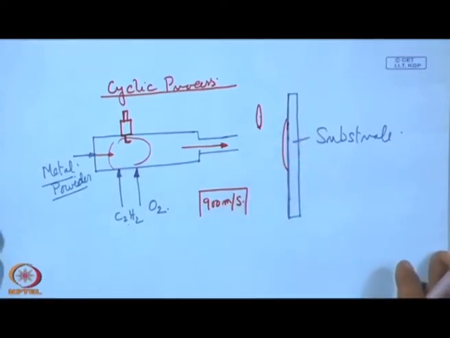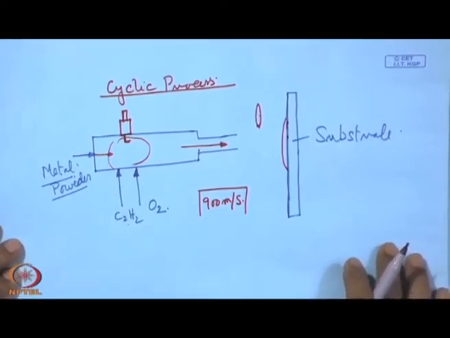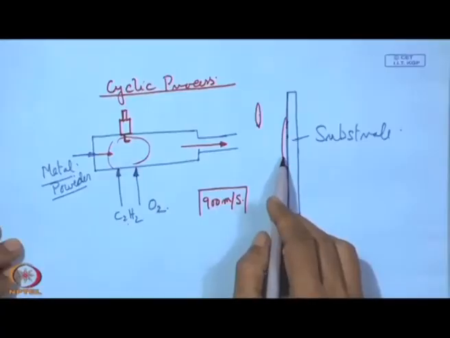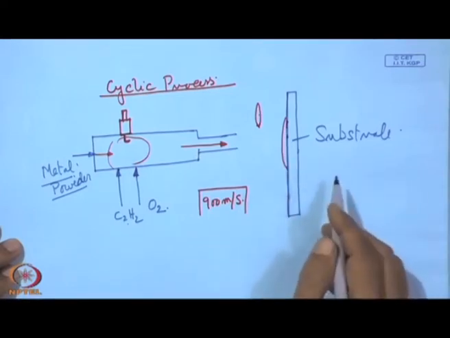Basically it is a combustion process, but it is a cyclic process. The result of this combustion by generation of spark is a high energy release, and that is utilized in getting a high impingement velocity, and a dense coating with better bonding, better adhesion even with lower substrate temperature.